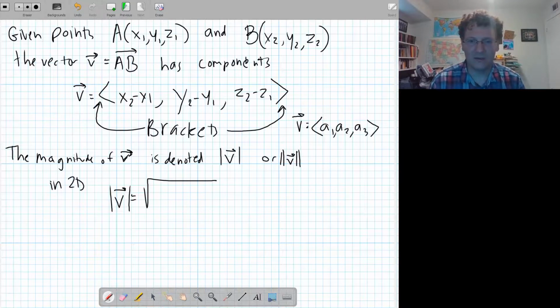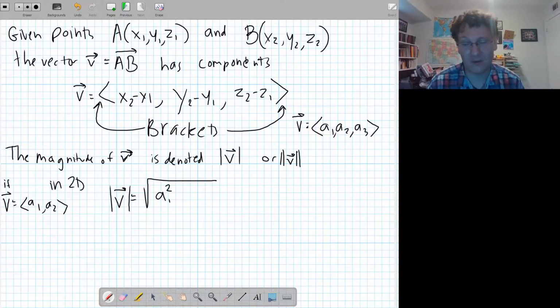In 2D, if the vector V was just A1, A2, then the magnitude would be given just by the distance formula, or the Pythagorean theorem, I guess. You could say it's the same thing. A1 squared plus A2 squared, square root of that.